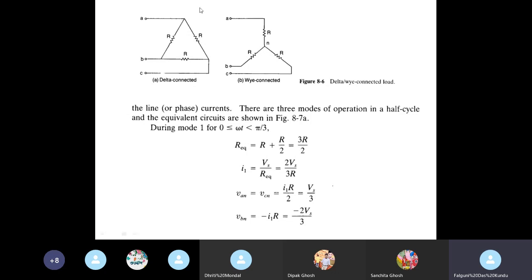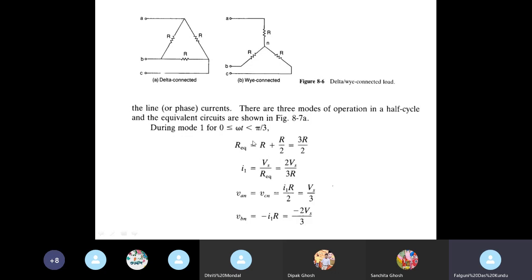Then R equivalent, which is nothing but R plus R by 2, that is 3R by 2. These are the series and parallel combinations of resistance, and it can also be obtained from Y-delta conversion.